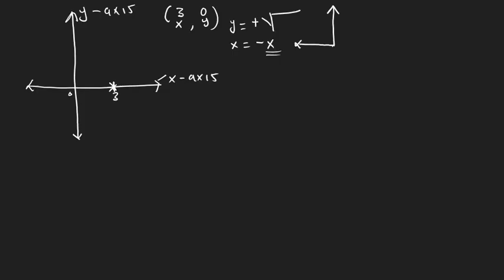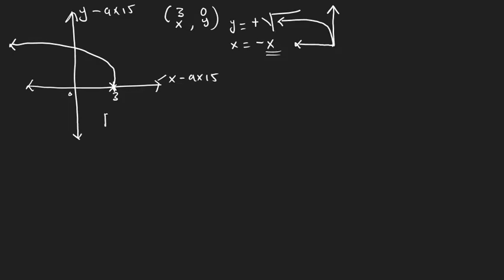Henceforth, our graph is going to be this kind. It should be moving upward in the y, but moving negative in the x. So our graph is going to come out like this. Negative in the x, but positive in the y.